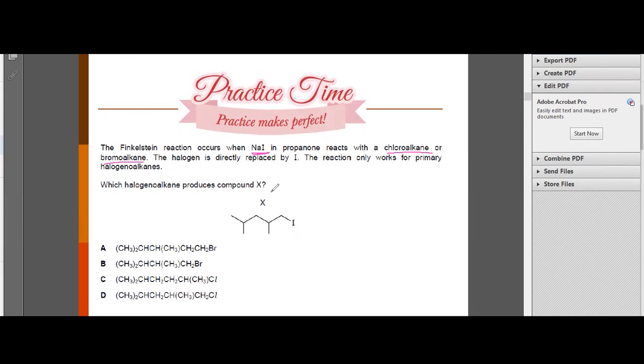Which halogenoalkane produces compound X? You can see the carbon-carbon chain in X, and compare with the options.